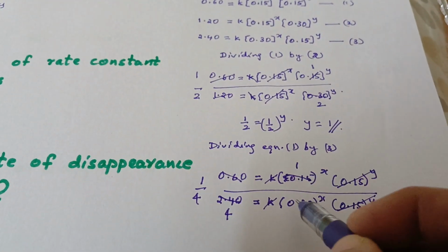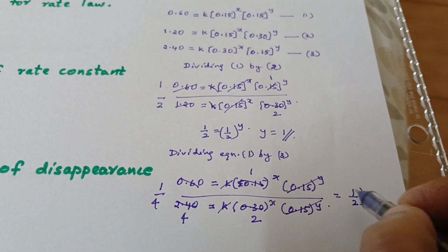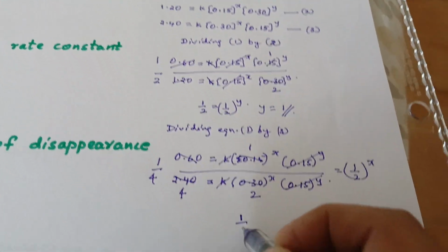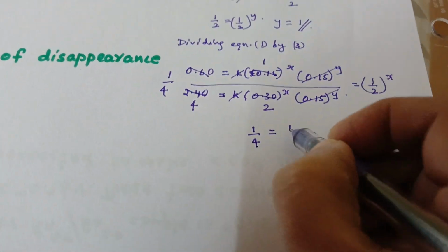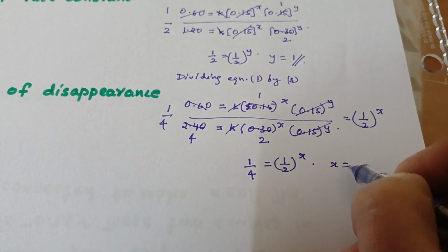So 1 by 4 equal to 1 by 2 the whole raised to X. X equals 2.